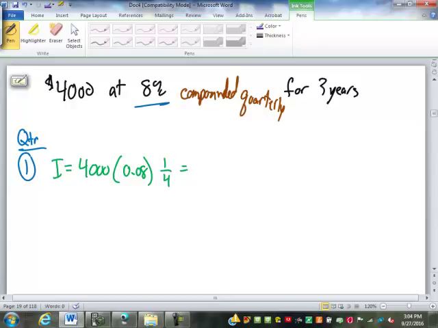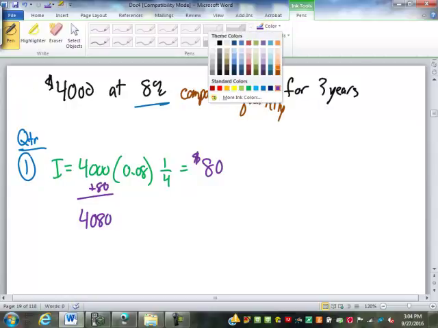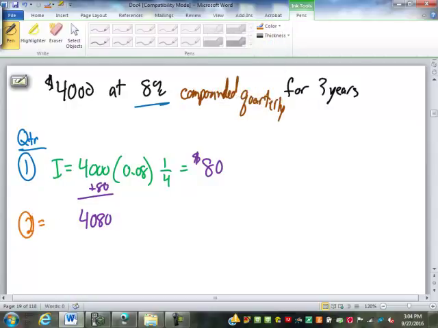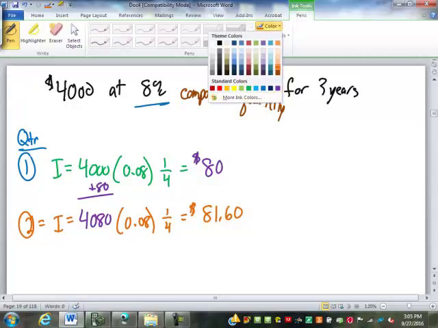That comes out to be what? $80 in interest? Yes? So I'm going to add $80 in. We start out our second quarter with $4,080. So our interest will be 4,080 times 0.08 times 1/4, which is going to give us, what, $81.60? Does that look right? So we'll add that in.